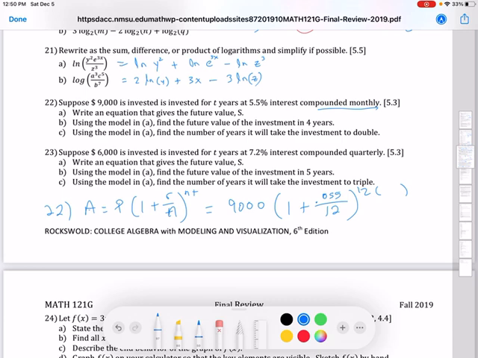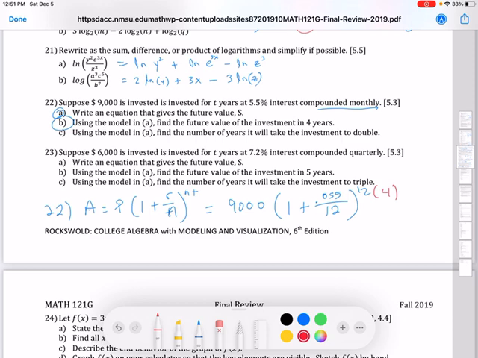Oh, we're writing the equation first. I didn't read the problem fully. So this would be the equation for A. And then for B, it says 4 years. So in here we would put 4 years.